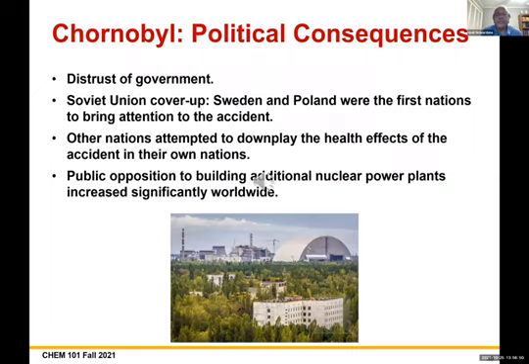As a consequence of the Chernobyl accident, in government, because they had a kind of socialistic government, there was no private sector or input from the democratic process. The Soviet Union tried to cover it up. Sweden and Poland were the first nations to bring the accident to attention.